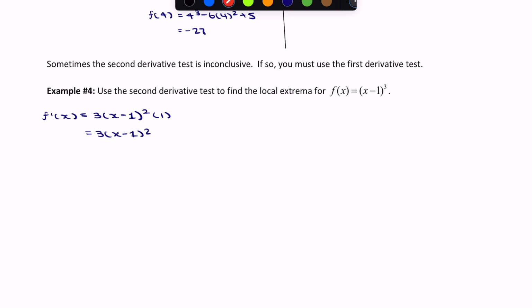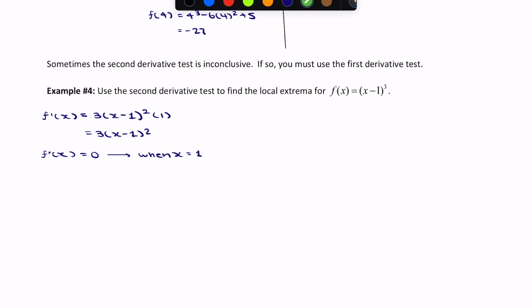So let's find f prime of x is equal to 0. F prime of x is equal to 0 when x is equal to 1.